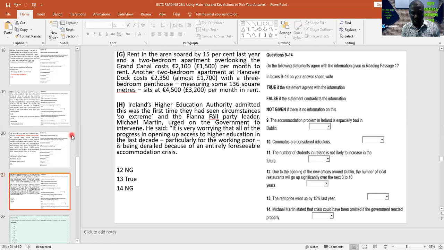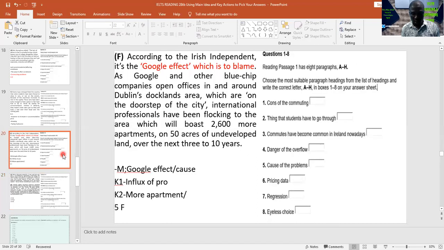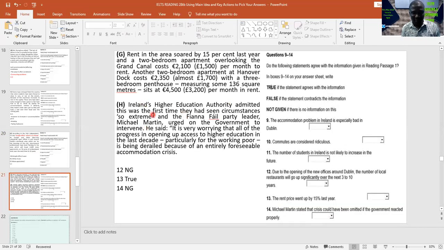Now, the remaining question is actually regression. Okay, higher education admitted this was the first time, so extreme circumstance. Okay, and the party leader said of the government, it is worrying that all the progress in opening up access to higher education, particularly for the working class, is being derailed.